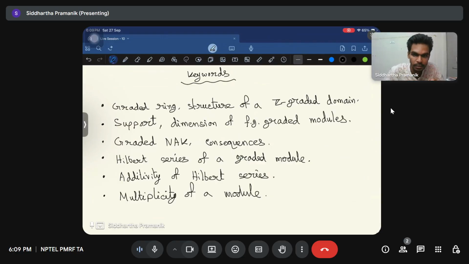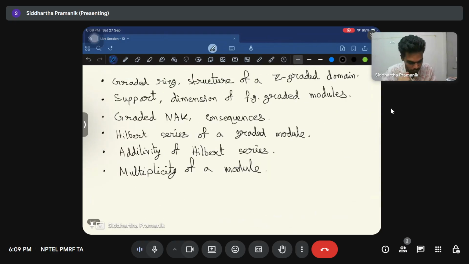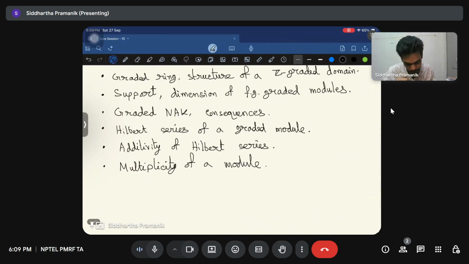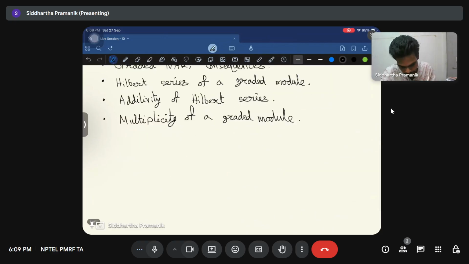But in the graded case, we just define the Hilbert multiplicity. So I will write here graded module, and then it will be clear from the context. So these are the topics of week 10.